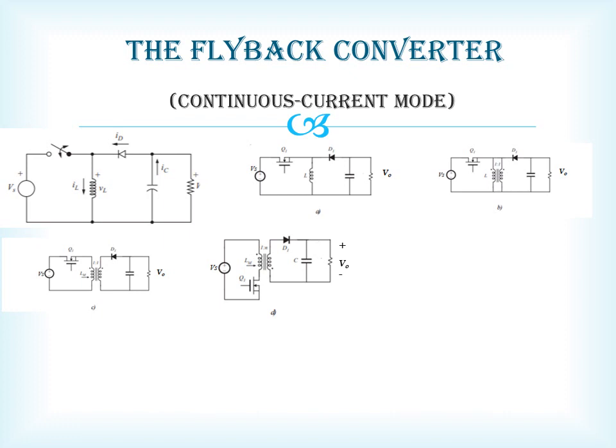What we have done is twisted the secondary side. Instead of the dot on the upper half, we have a dot on the lower half. In circuit C, the current through the diode is such that the negative terminal of the diode is connected to this dot, so basically the diode current is entering the dotted point.